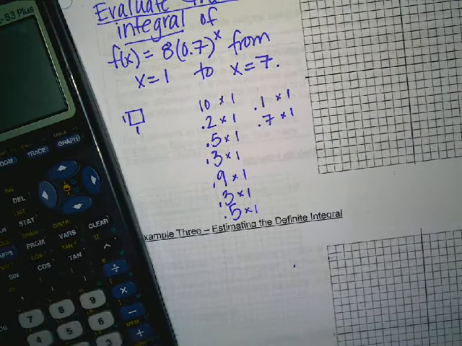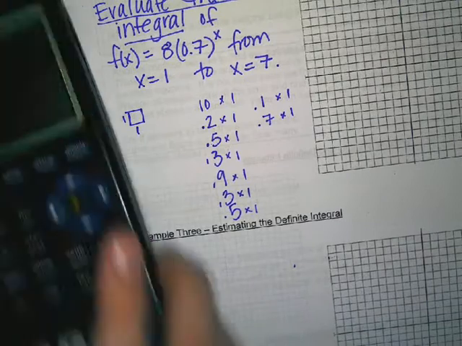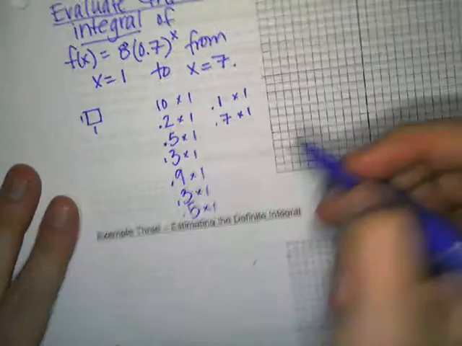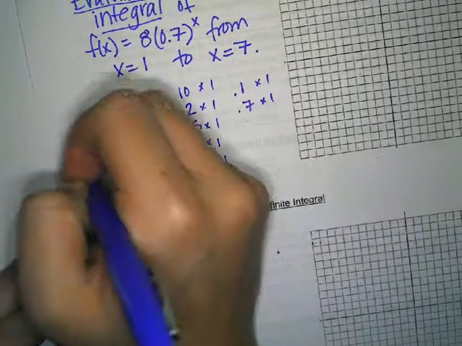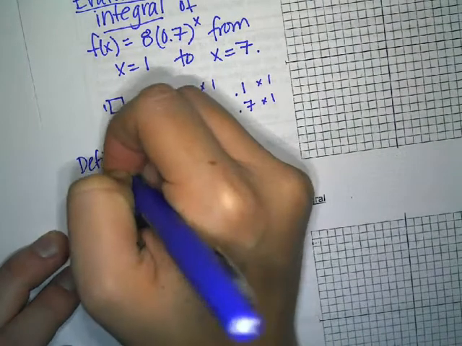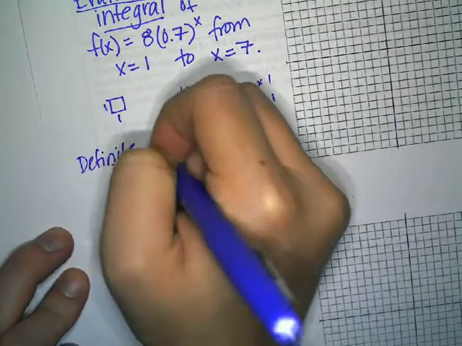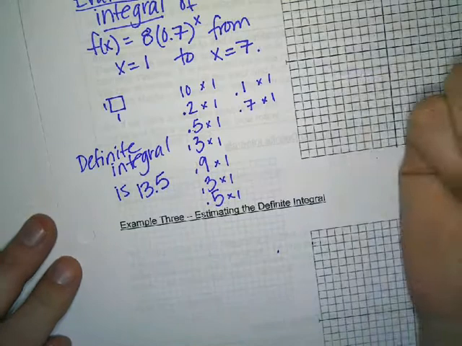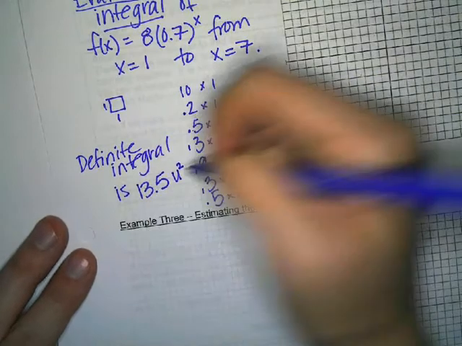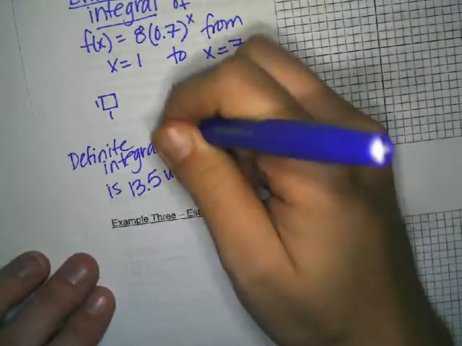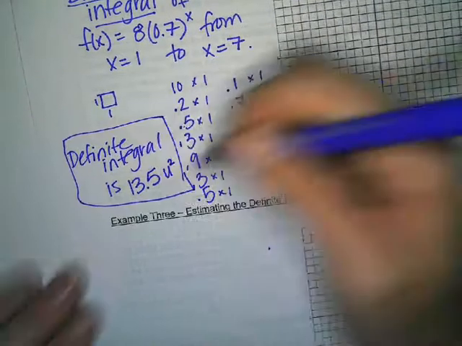Are you guys adding them up for me? 13.5? Okay. So last year, some of our decimals were a little bit different, but we got 13.6. So okay. So the definite integral is 13.5, and because this represents the area underneath the curve, I'm going to write unit squared here. But that's my answer. That's the value of the definite integral.